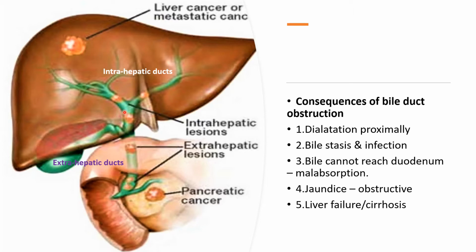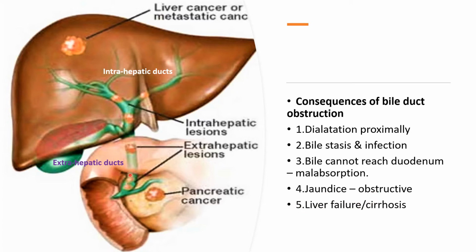This obstruction again leads to a backflow and accumulation of conjugated bilirubin in the liver, which then refluxes into the blood system, and that causes jaundice: the yellowish discoloration of the skin, mucous membranes, and conjunctiva.